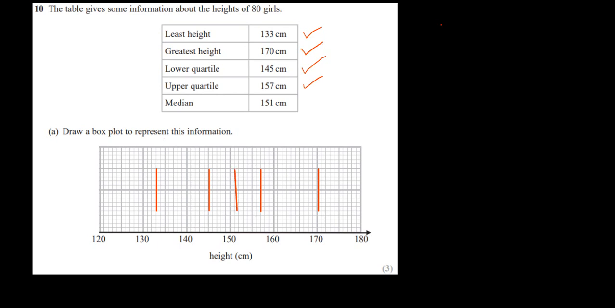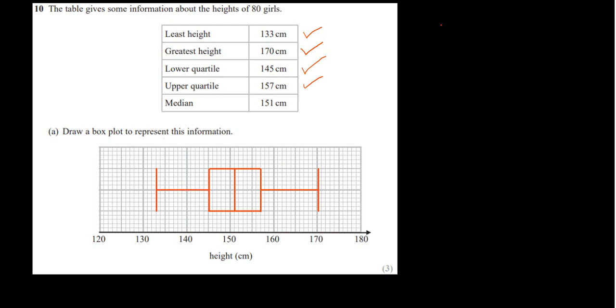Right, so I'm going to draw another vertical line there, and now I'm going to join these up like so, and then another line from here to there, and one from here to there.